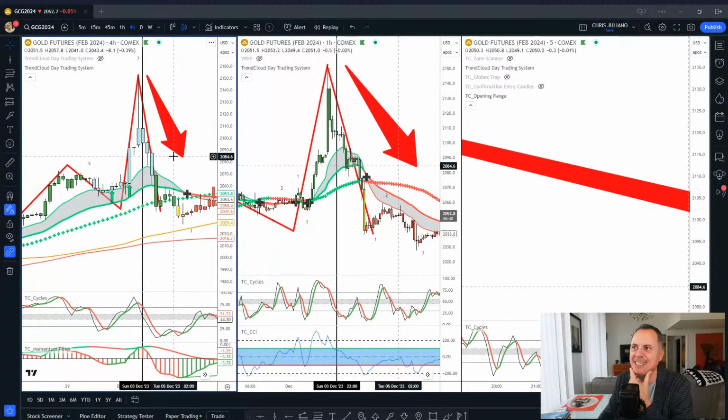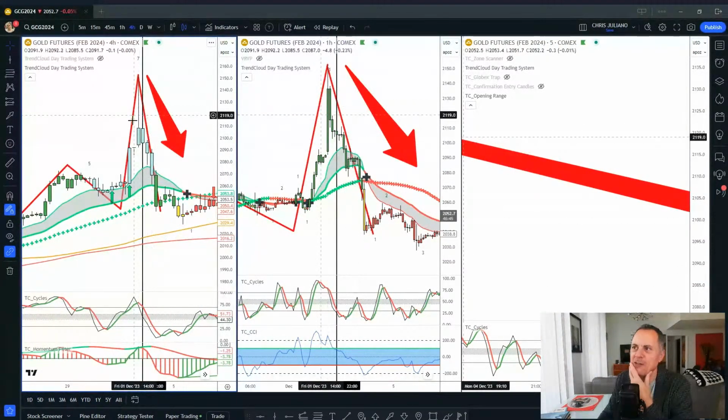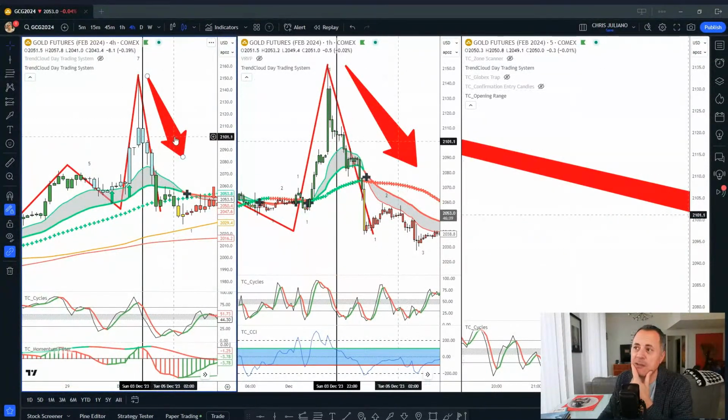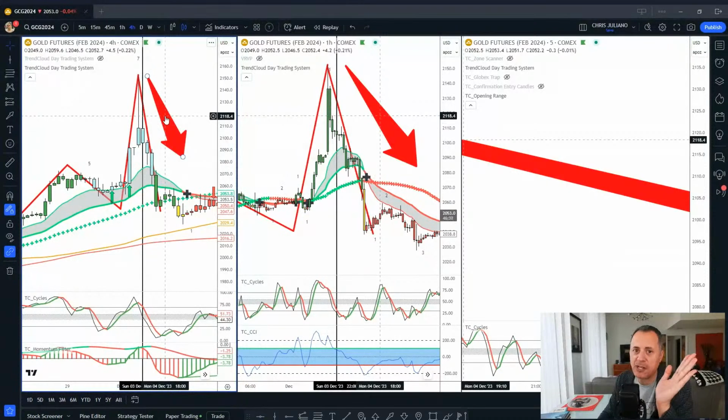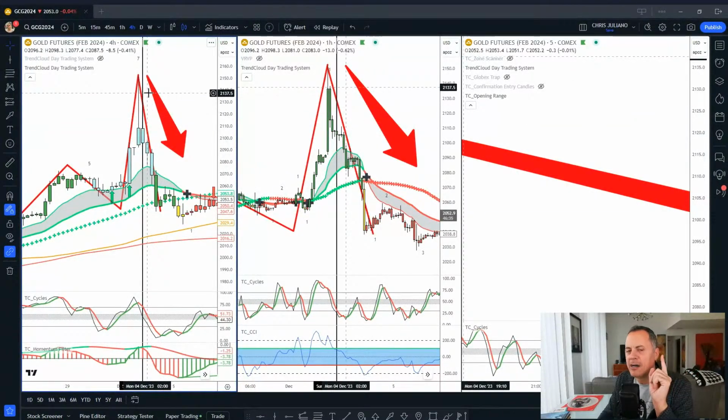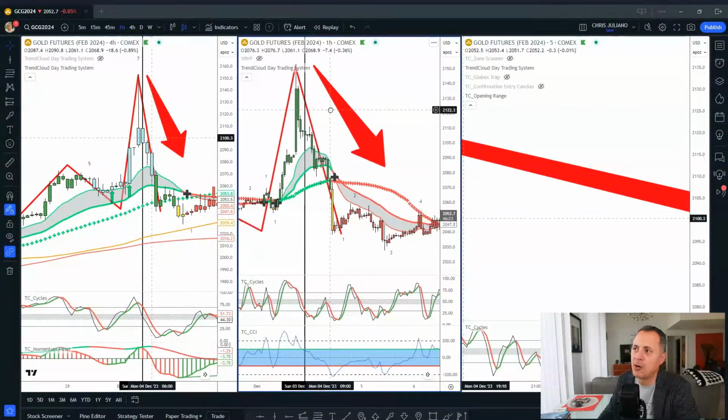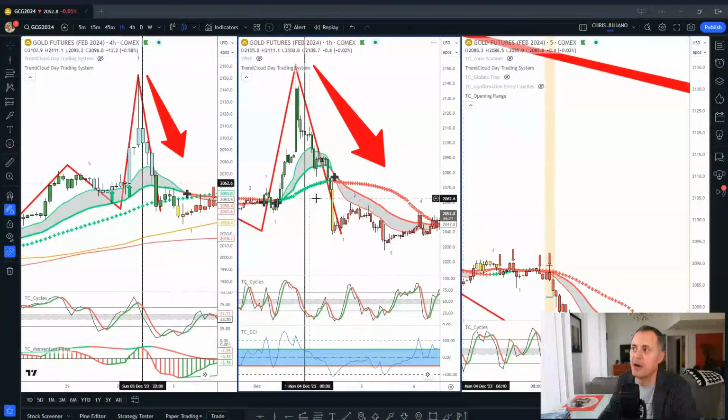I'm feeling it, man. But when you see that extended trend and you want to capture this deep corrective move, I said this yesterday in the live stream. On the highest time frame, on your 4-hour chart, if you have an extended trend, you've got to think trend reversal, because trend reversal is definitely going to be a component of this on your lower time frames.